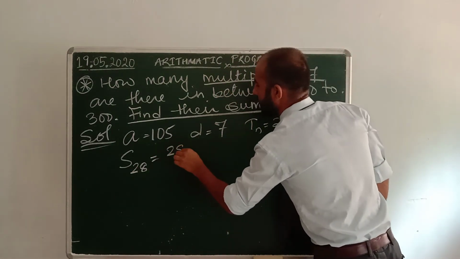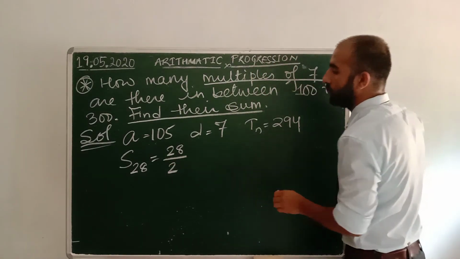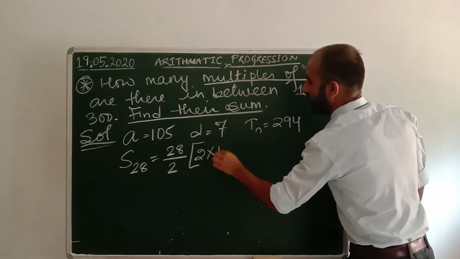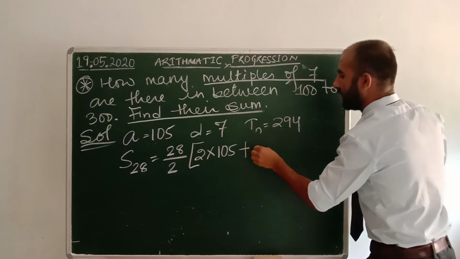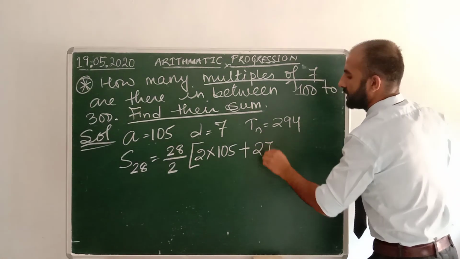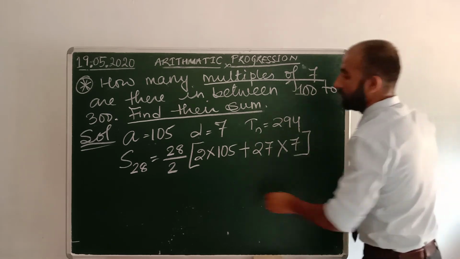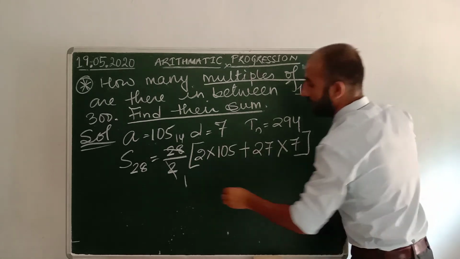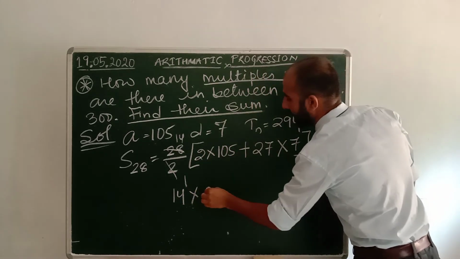So 28 by 2, I'm writing the formula directly as you know it: 2 into A, that is 105, plus (n minus 1), which we already got as 27, into d, which is 7. So 28 by 2 is 14.